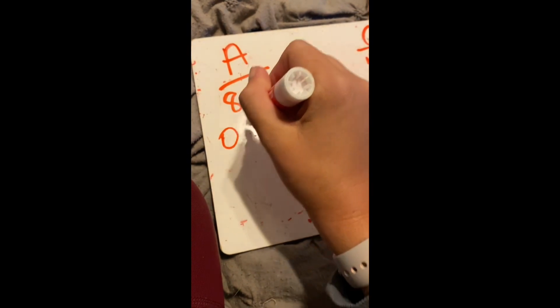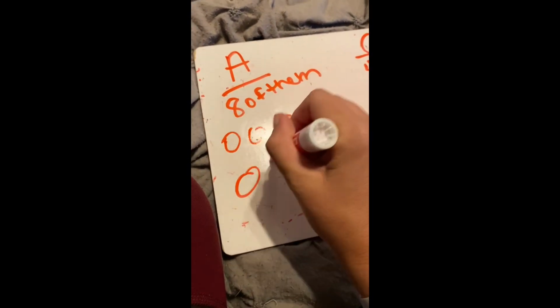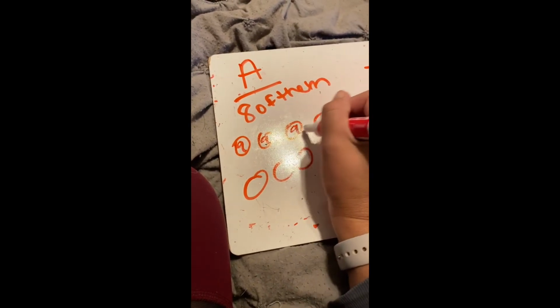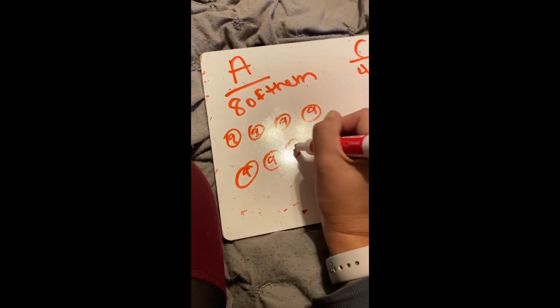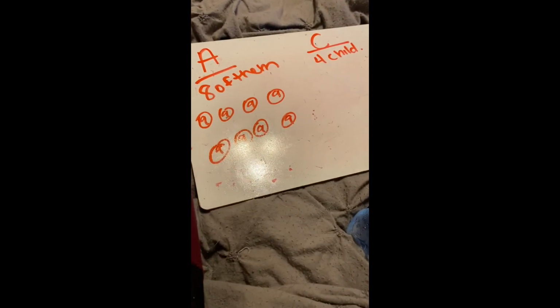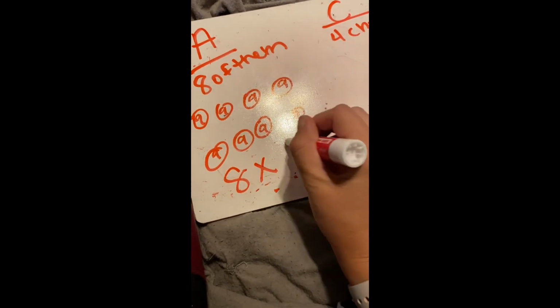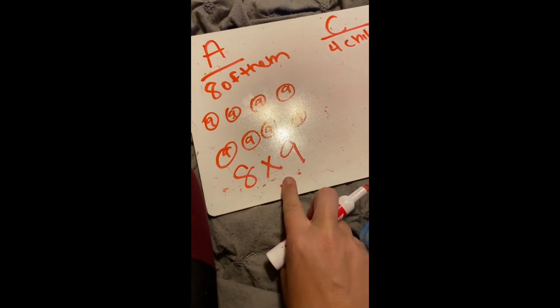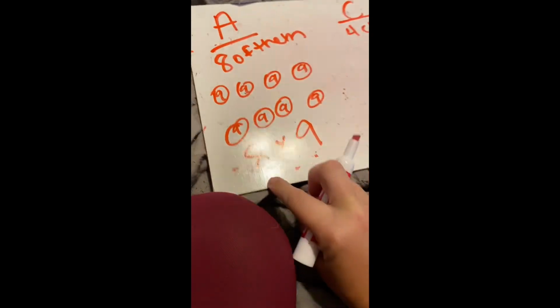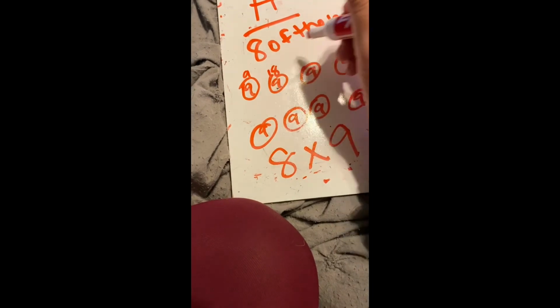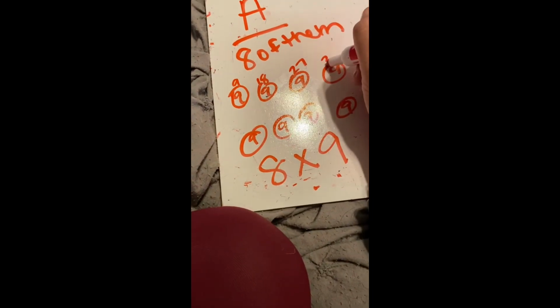All right. It says that an adult ticket costs $9 each. So for each adult, all 8 of them, it costs $9. That looks like 8 groups that cost $9 each. 8 times 9. 9, 18, 27, 36.